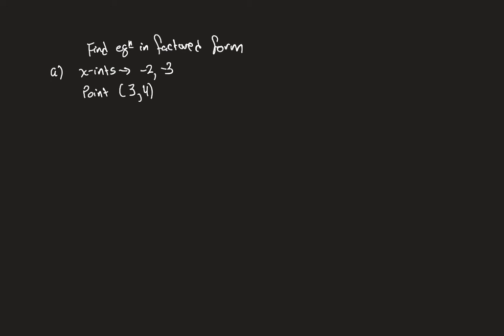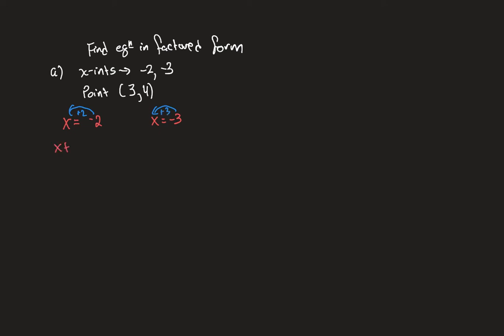All right, so if my x-intercepts are at -2 and -3, then I know that x was equal to -2 and x was equal to -3. That was the end result of me solving my linear equations when I was finding my x-intercepts. So if I want to turn it back to those linear equations, you're going to go backwards. You're going to bring the -2 to the other side by adding it, and the -3 to the other side by adding it.